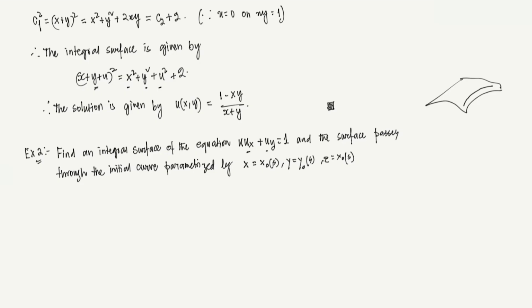Therefore, the characteristic equation for the given equation, this we know: dx by u equals dy by 1 equals dz by 1. Of course, you can write it in terms of parameterization and in parametric form.